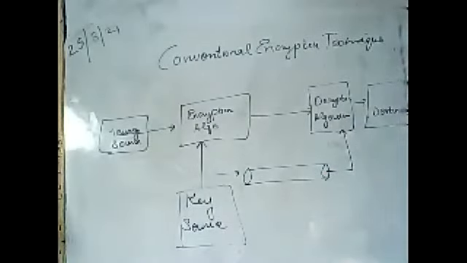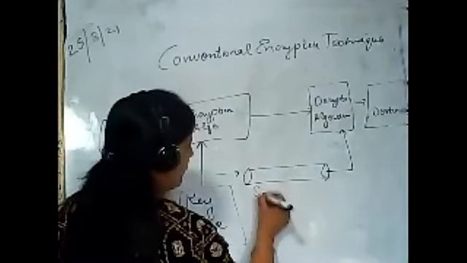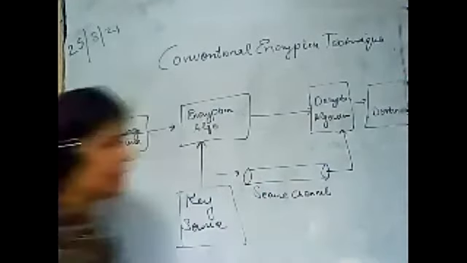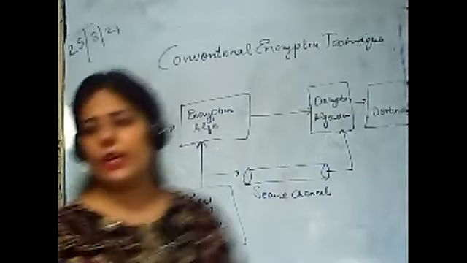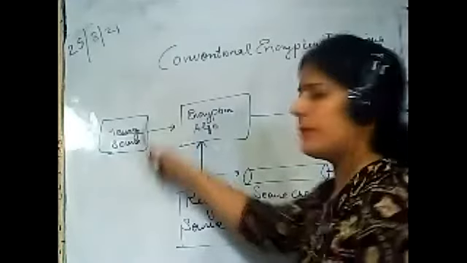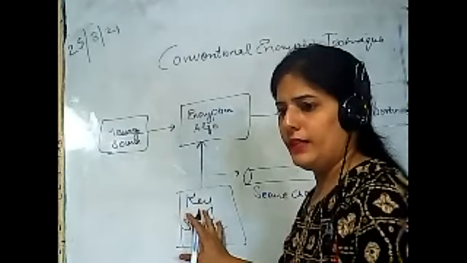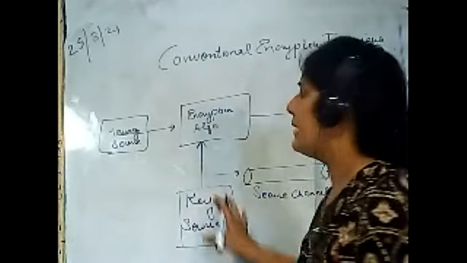So this is the secure channel that will be maintaining whatever keys we need to use in that process. This is the main, basic model that needs to be followed if we want to implement encryption and decryption on a system.